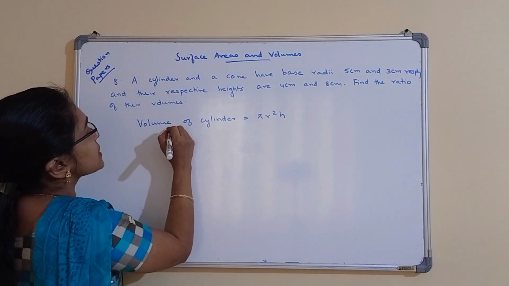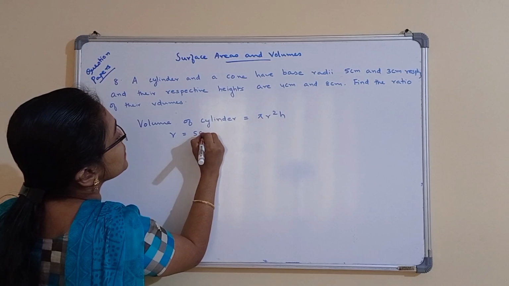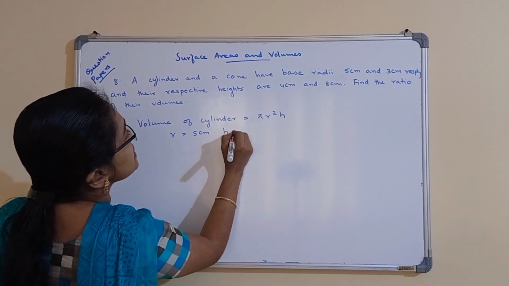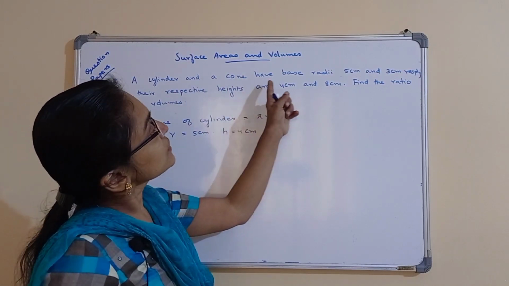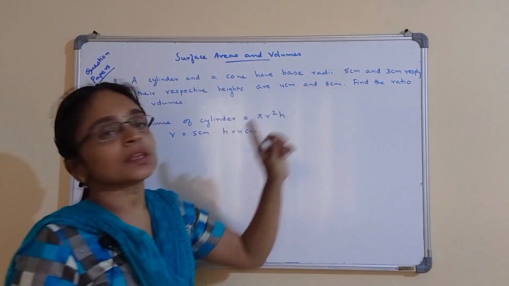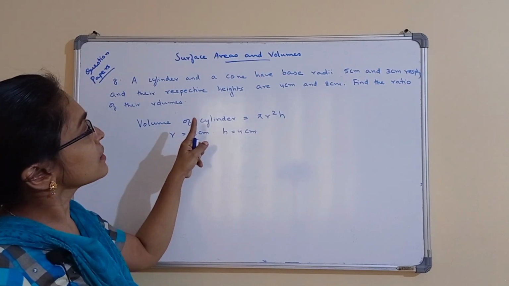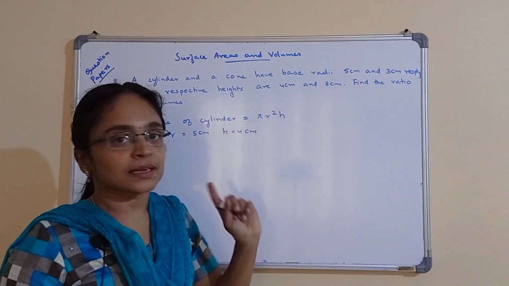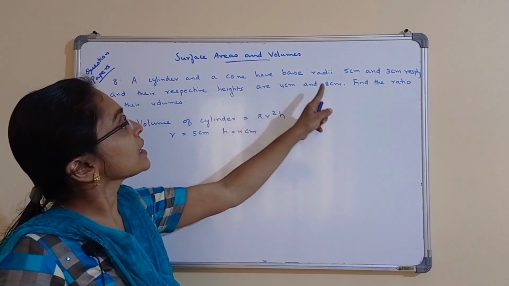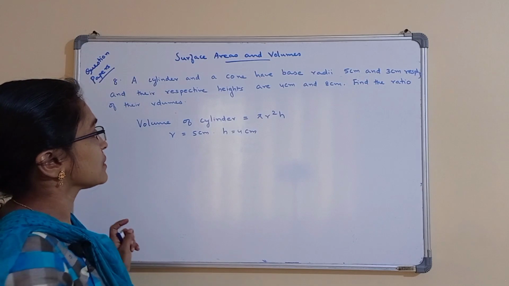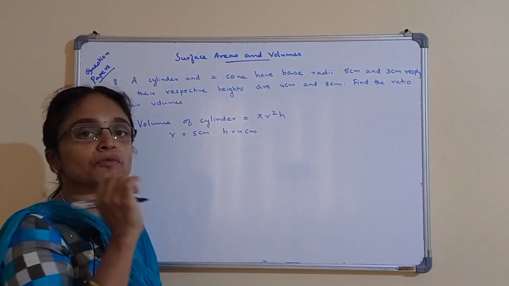Here r is equal to 5 centimeter and h is equal to 4 centimeter. That is, radius of cylinder is 5 centimeter and radius of cone is 3 centimeter. Now height of the cylinder is 4 centimeter and height of the cone is 8 centimeter.